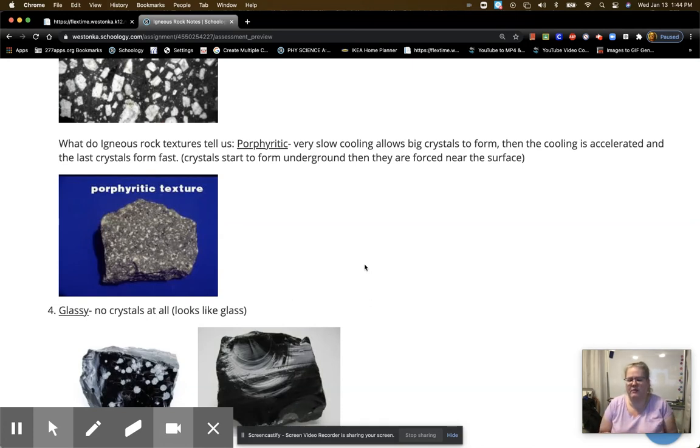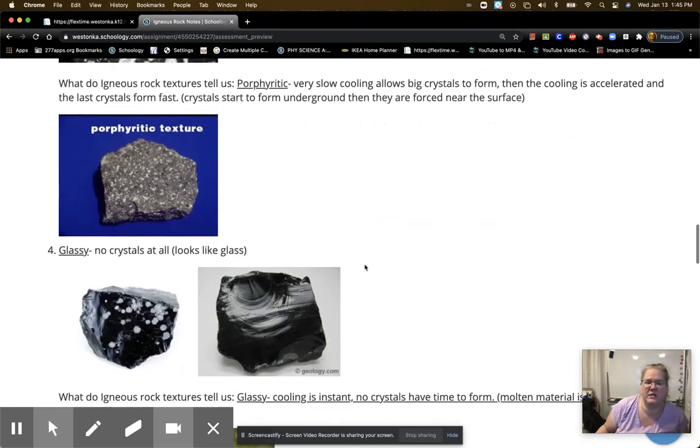So maybe we had uplifting, an earthquake or something happened, or a magma eruption occurred, kind of adjusting the structure underneath, forcing some uplifting to occur. But anyway, the rest of the crystals now formed much more quickly, much closer to the surface. So porphyritic is a combination of aphanitic and phaneritic. In other words, it's got the big crystals and it's got the little crystals.